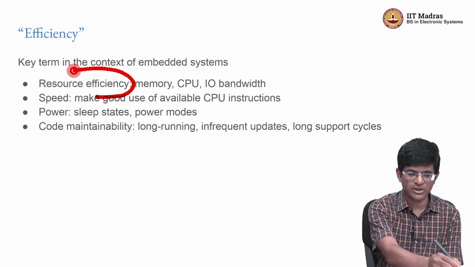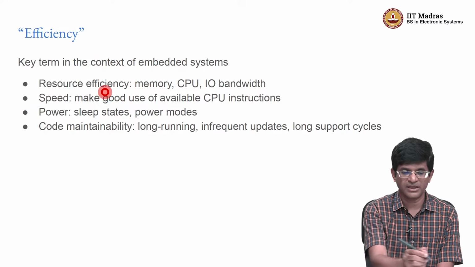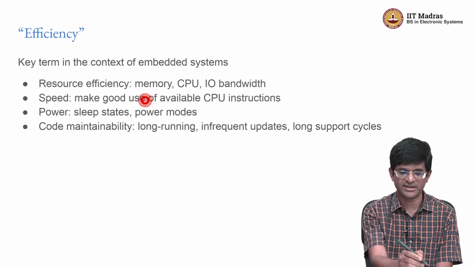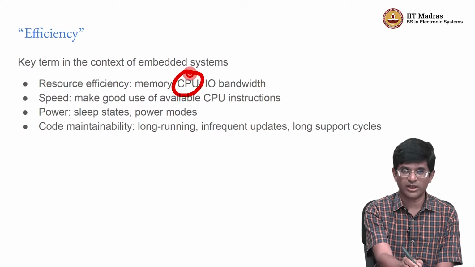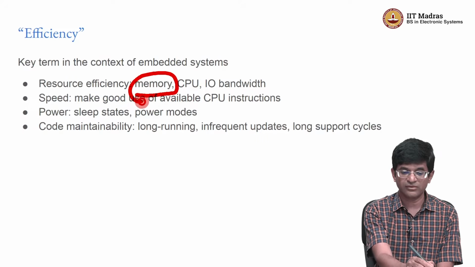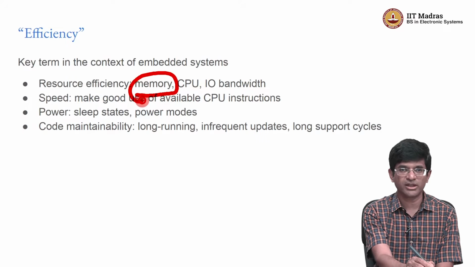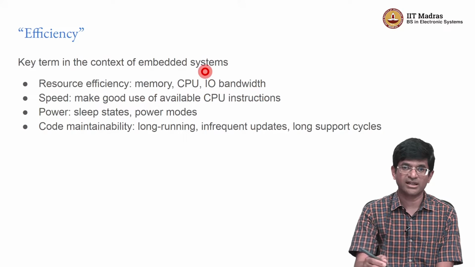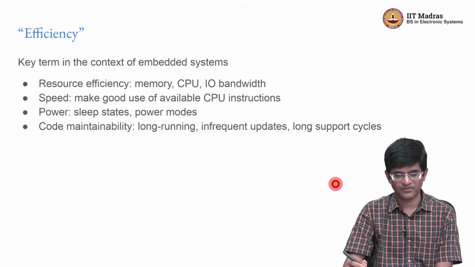We could be talking about something like resource efficiency, right? And what we mean by that is there are certain resources that are available to your computing system, the CPU or computation cycles of course being the first and foremost, but the memory very often turns out to be one of the most important constrained resources that you have available while constructing an embedded system. There are also things like the IO bandwidth, how much data can you get into and out of a system, right?